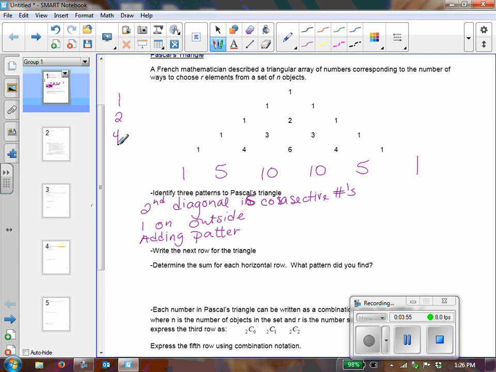Sum of the fourth row? 8. So you multiply by 2 each time. Sum of the fifth row? We would anticipate this would be 32. Now it's a pattern. It's doubling every time. Linked to exponents.